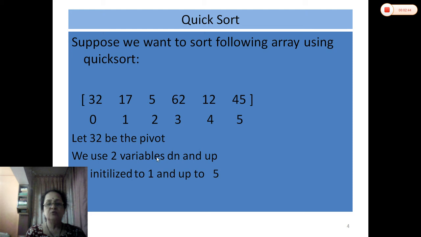We use 2 variables, namely down and up. Down is initialized to 1, that is, it is pointing towards the first position after the pivot, and up is initialized to 5, that is, it is pointing towards 45.